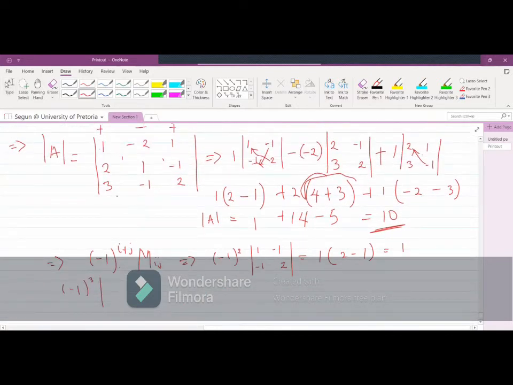Remember, you are taking A12 now. It is going to be 2 minus 1, 3, 2. So the next one, minus 1 raised to power 4.